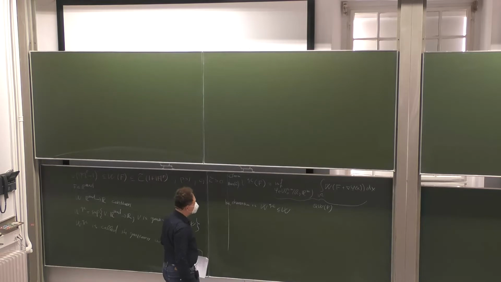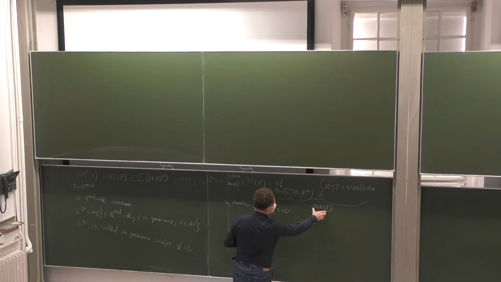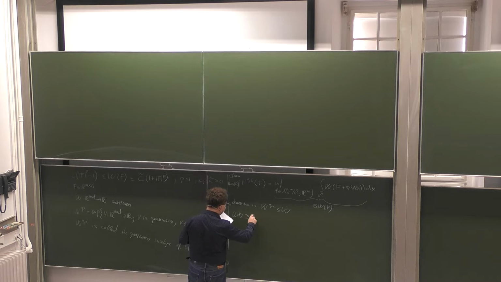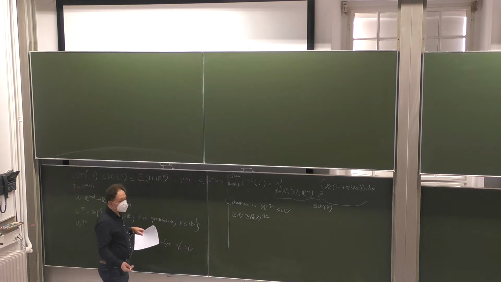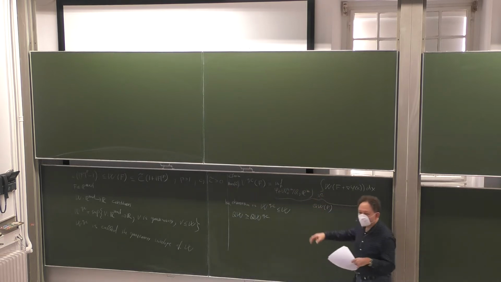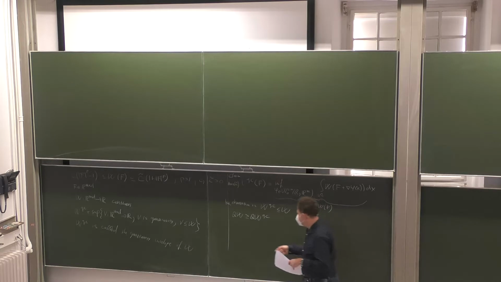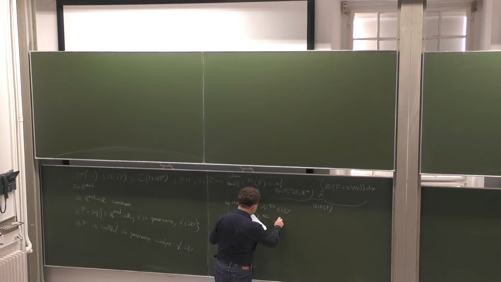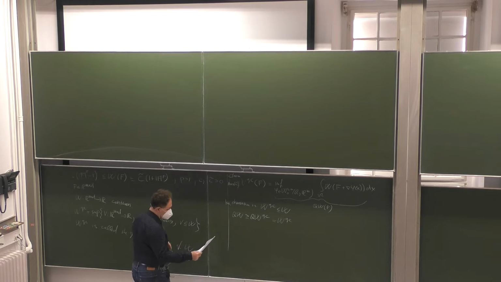And this also tells me that if you look at this object, QW, then QW is bigger or equal than Q of WQC. Because if I have a smaller function and I evaluate this integral, then I always get a smaller number. And this is WQC.